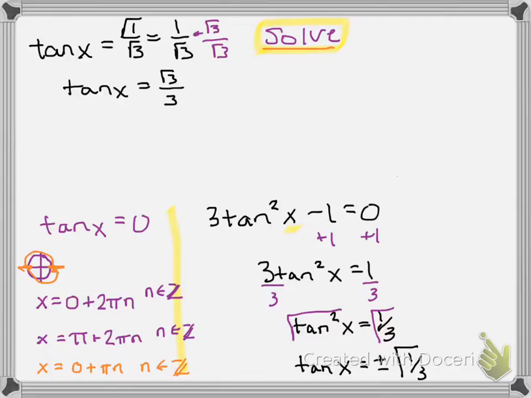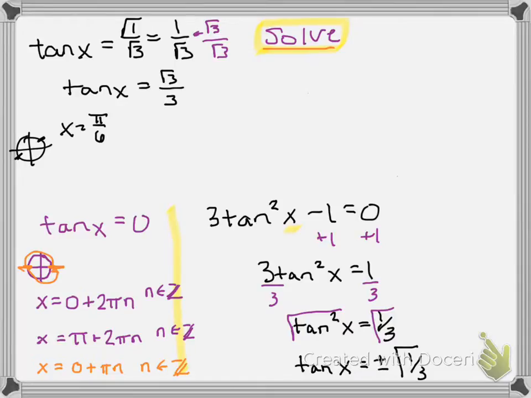And so I know that tangent of x is the root of 3 over 3 when x is equal to pi over 6. And again, if I draw my little circle, I know that's going to happen here. It's also going to happen here.